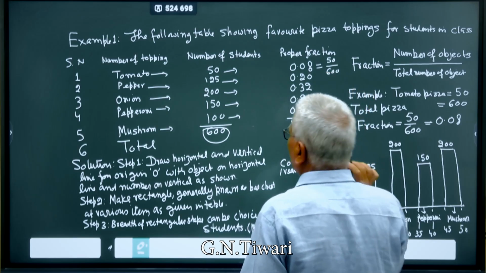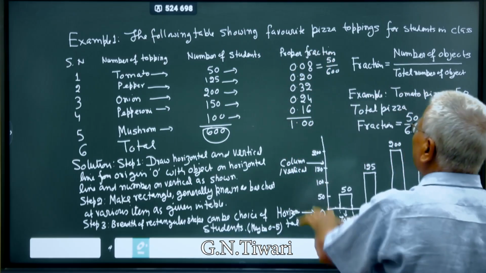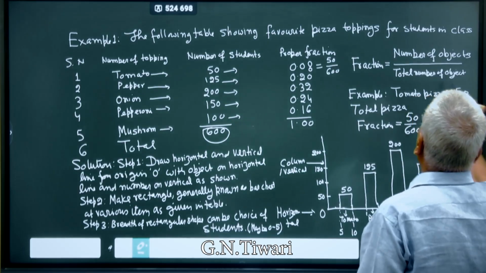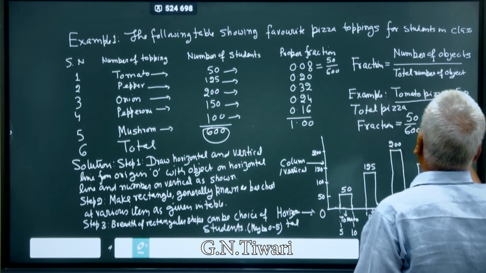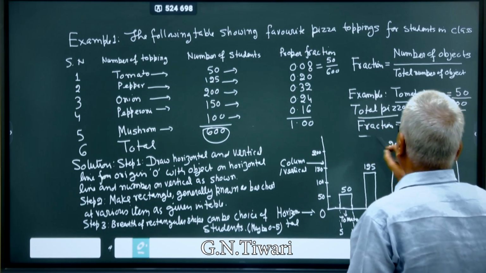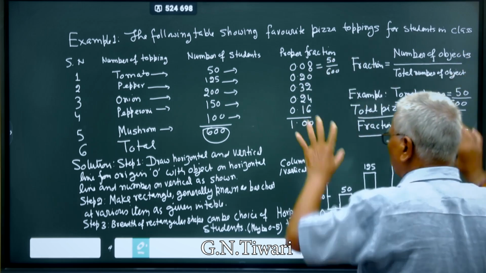Similarly, you can calculate for others, and total is equal to 1. That is how you can say that fraction is equal to number of objects divided by total number of objects. For example, tomato pizza is equal to 50, total pizza is equal to 600. So fraction of the tomato pizza is equal to 0.08, and accordingly you can do it.